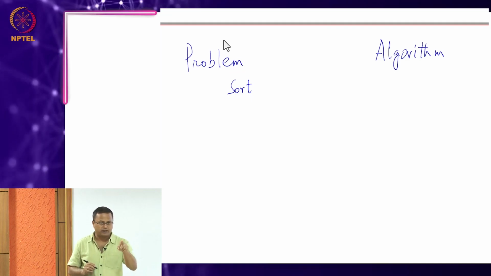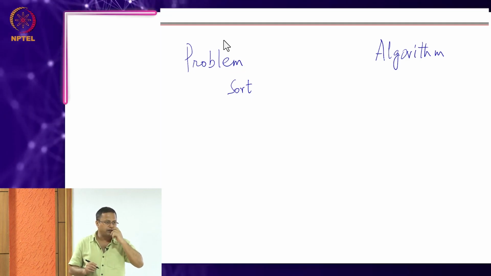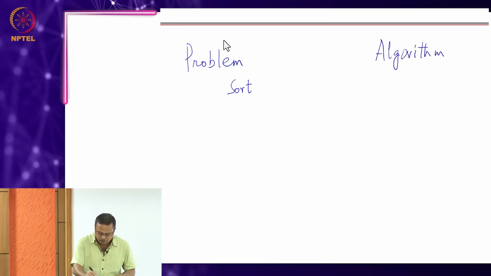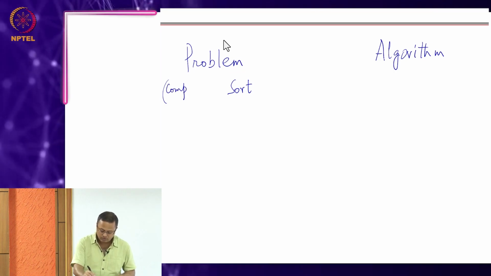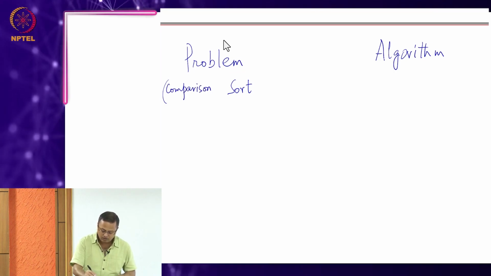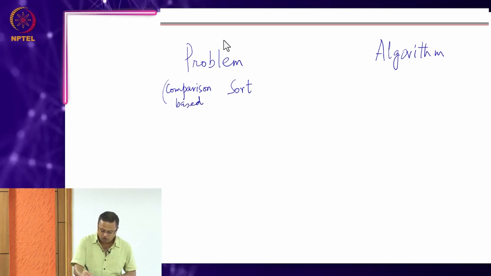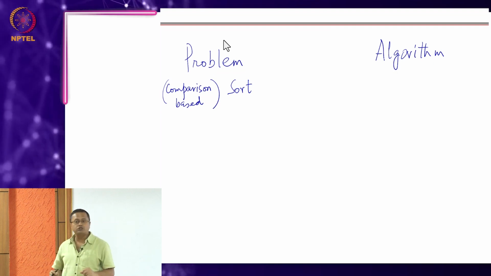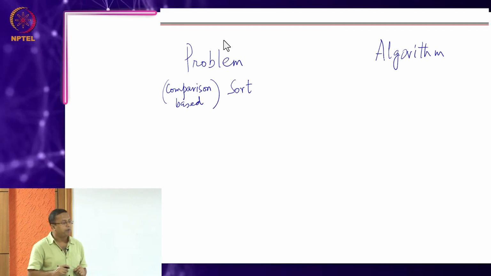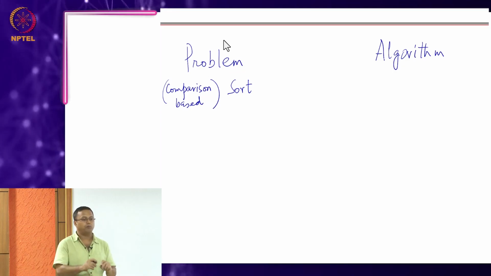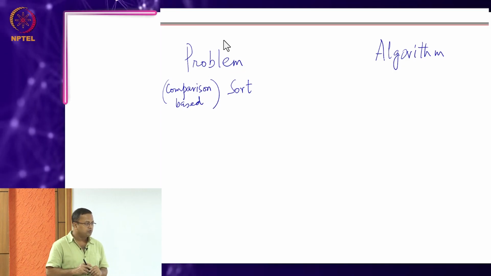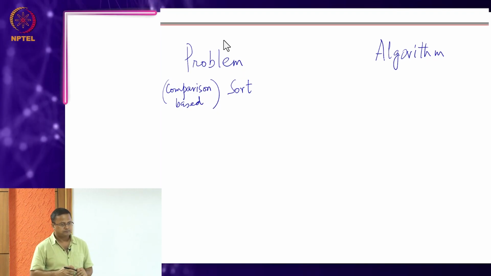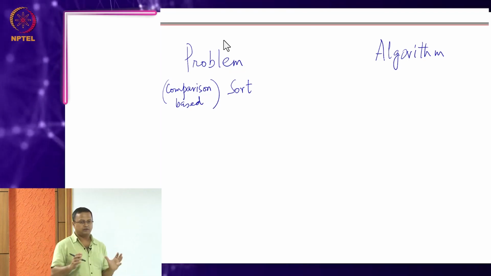Mind you, all these sorting algorithms that you looked at, bubble sort, selection sort, merge sort, quick sort, heap sort, they are all comparison based sorts. That means the machine on which you sort has the power to compare two numbers and tell you that this is greater, this is less. So, this is my machine.